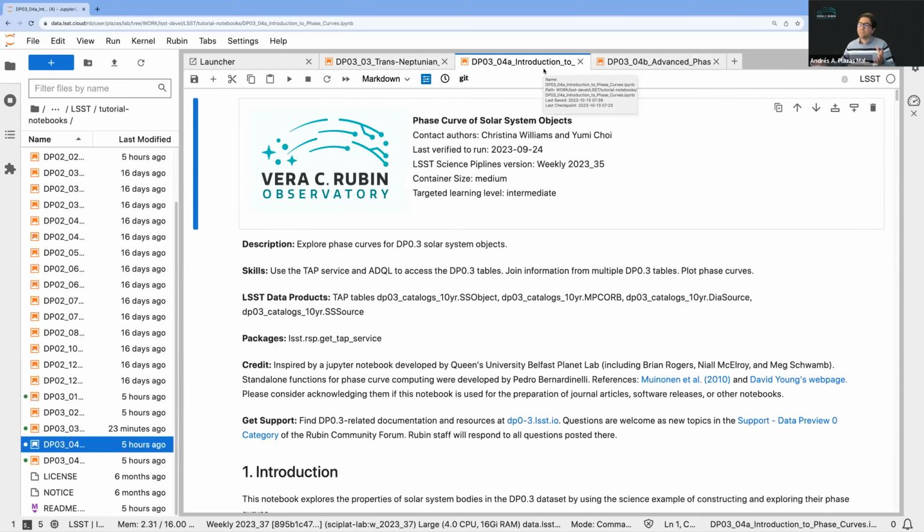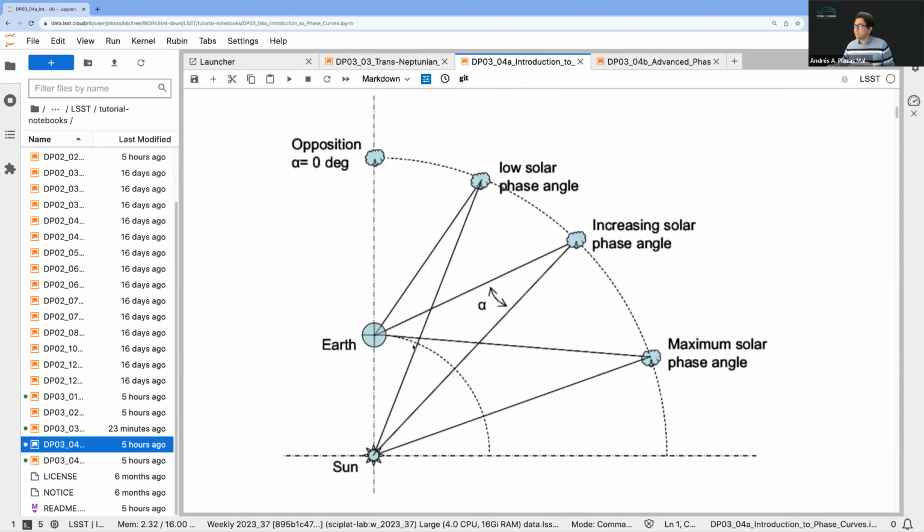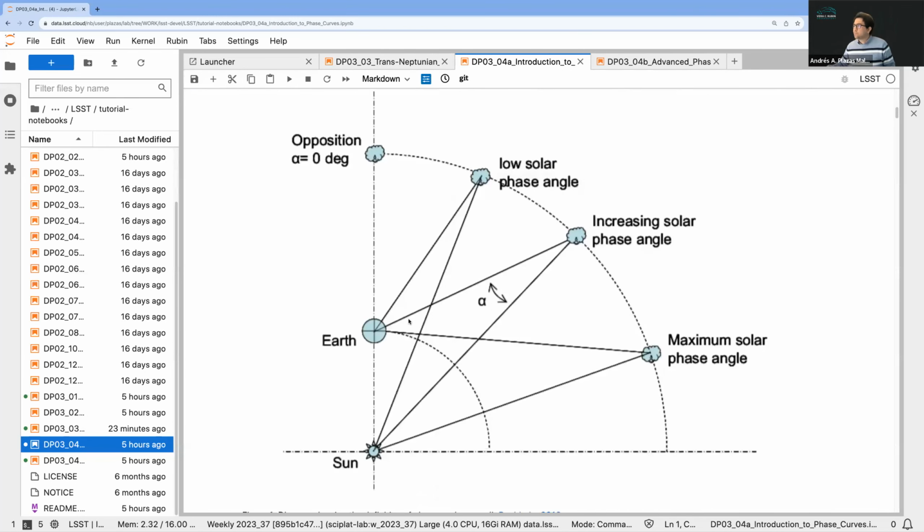And I encourage you to look at the next tutorial, tutorial number 4, which is split in 2 parts. The first part of that tutorial has a nice explanation of what this absolute magnitude H is. It's basically a magnitude that takes into account the distance of an object in the solar system, the distance to the Sun and the distance to the Earth.